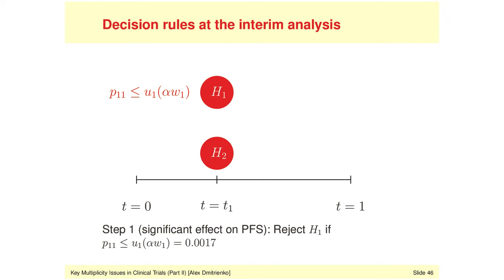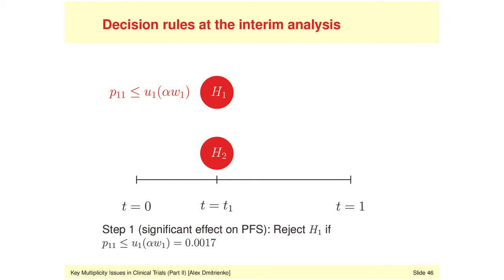As you can see on the slide, the p-value for the PFS test, p11, will be compared to the adjusted significance level, which is derived from the appropriate alpha spending function, assuming that the Holm procedure tests this null hypothesis at the reduced level given by alpha times W1.